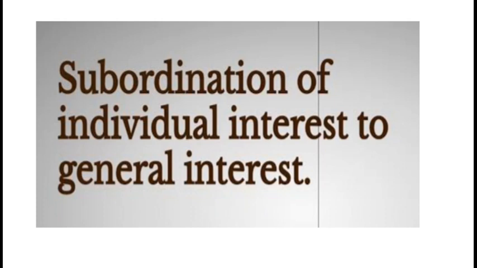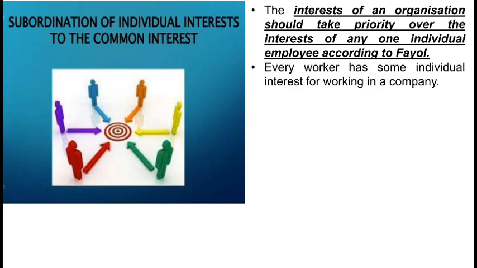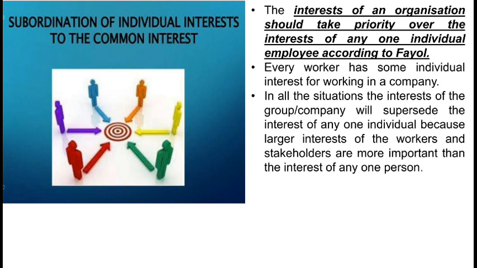Sixth principle, subordination of individual interest to general interest. The interest of an organization should take priority over the interests of any one individual employee, according to Fayol. Every worker has some individual interest for working in a company.